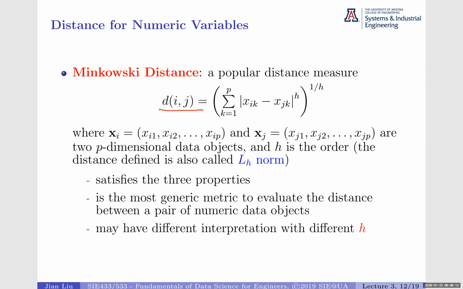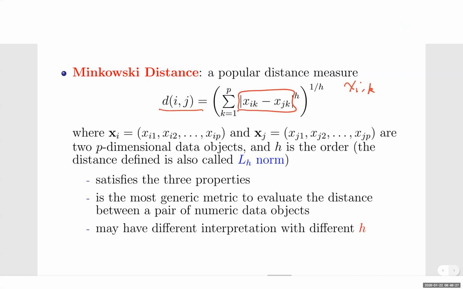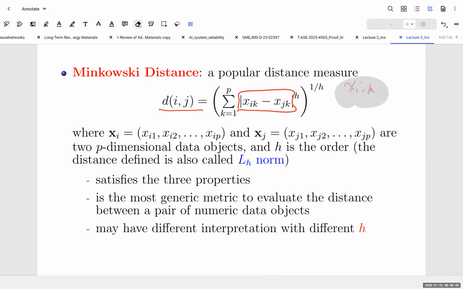It is the summation of distance between two data objects. Here, xik is the variable, the numerical variable xk for the ith data object.